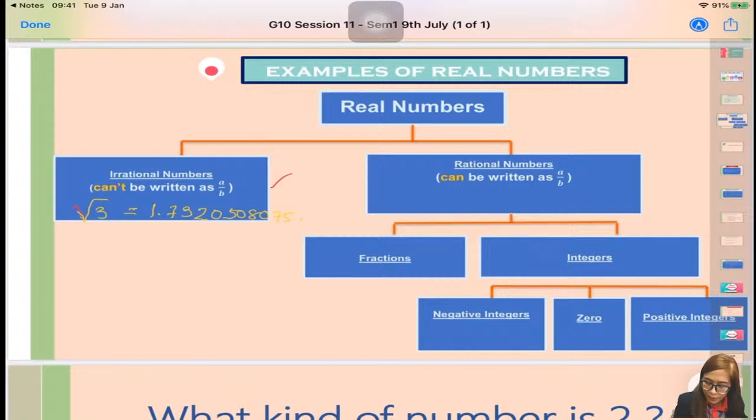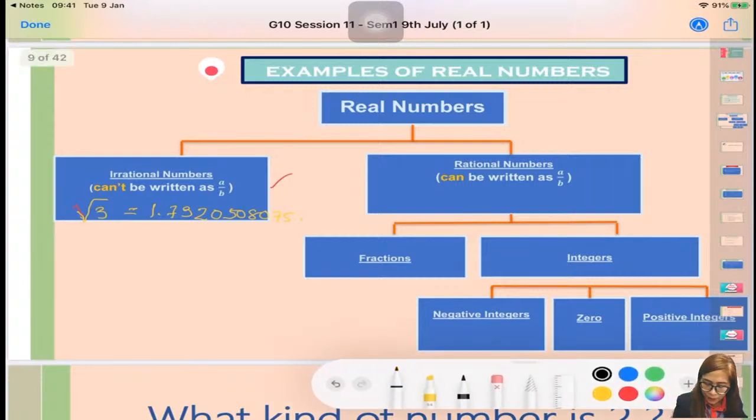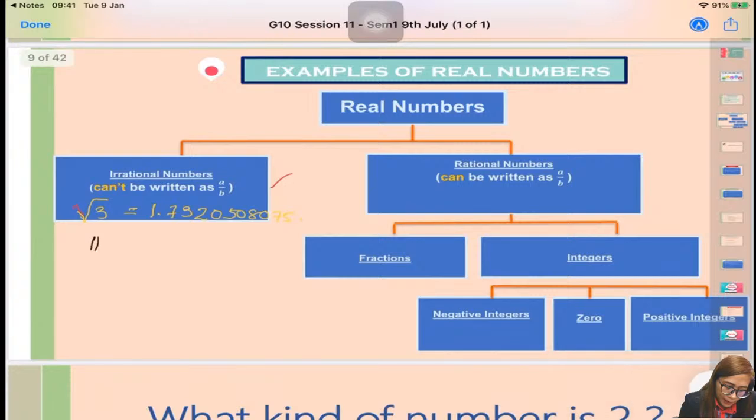The same goes for pi. The value of pi is not only 3.14. It is just an approximation. Pi is equal to 3.14159 and so on.